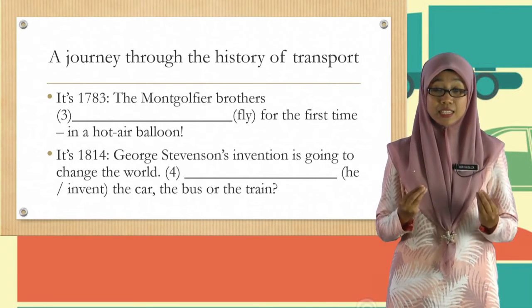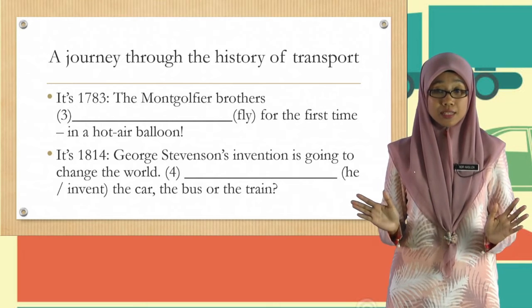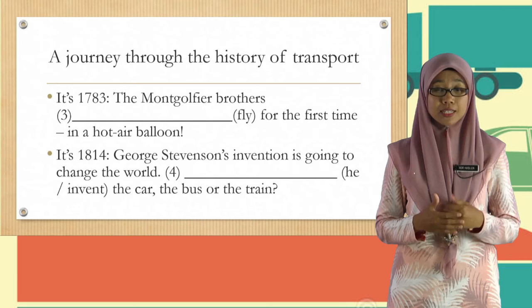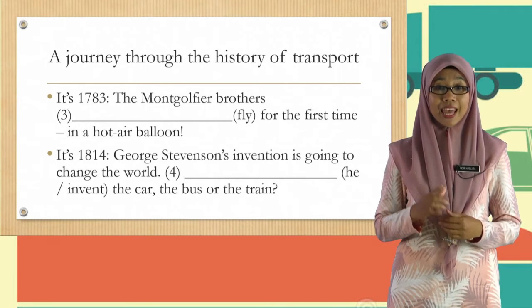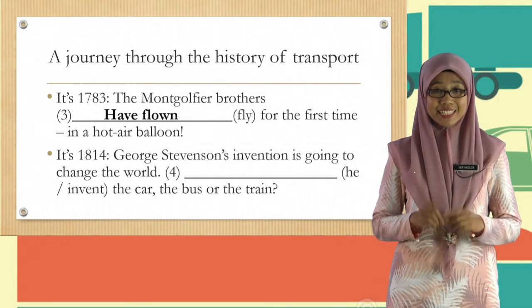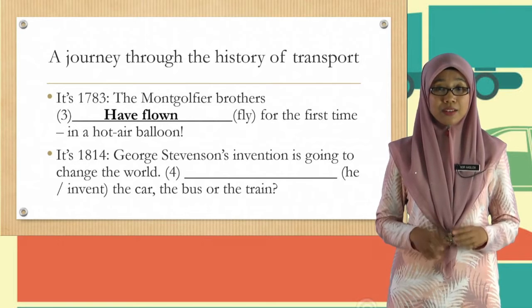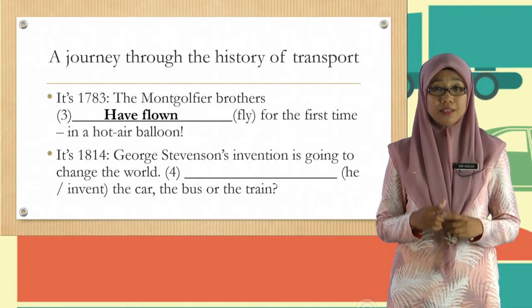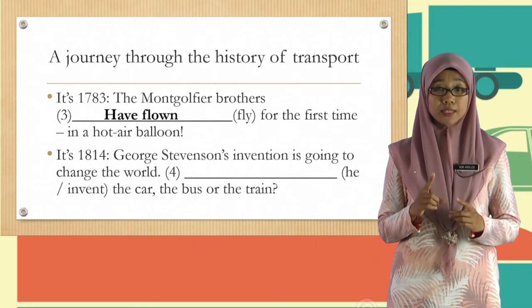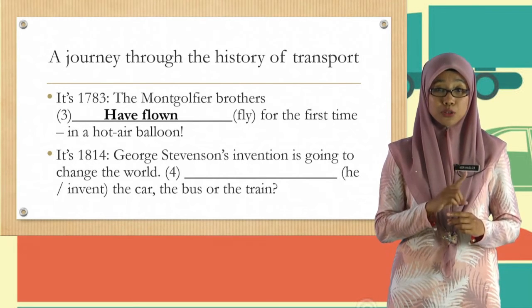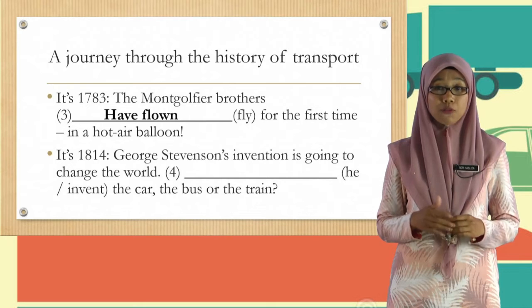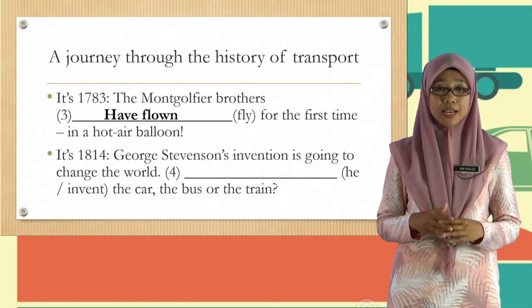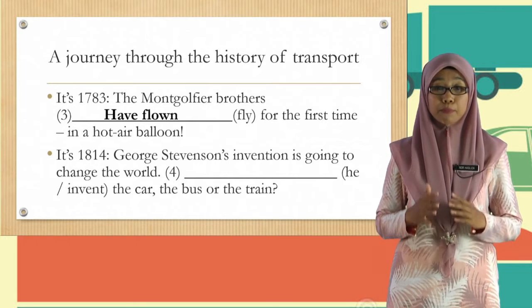So this is not a question, it's a statement. What is the answer for question number 3? Have flown. Yes, that's the correct answer. The Montgolfier brothers, it is a plural noun subject. That's why we need to use have. The Montgolfier brothers have flown for the first time in a hot air balloon.